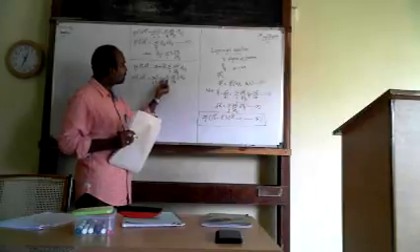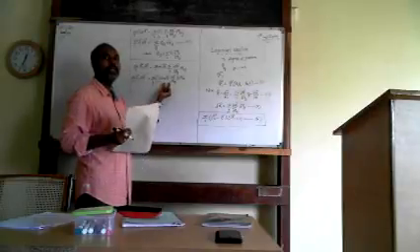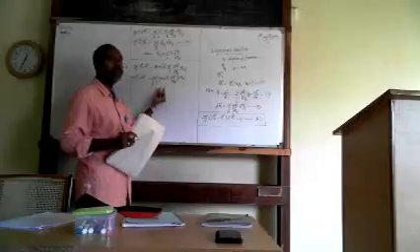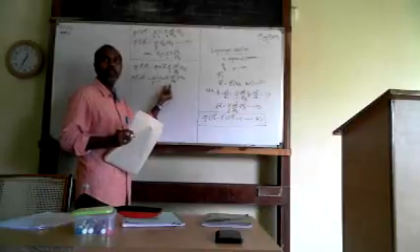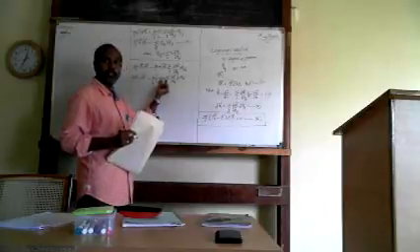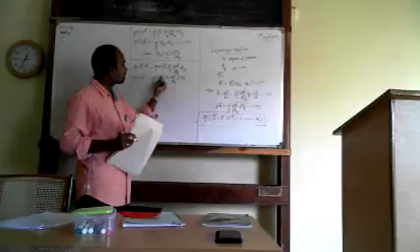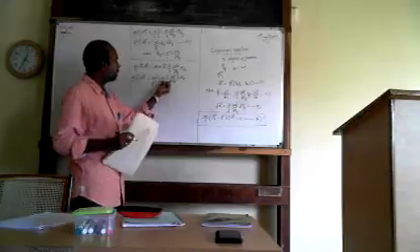Now this term can be written as two terms using the expansion d by dt of A into B is dA by dt into B plus A into dB by dt. We say this is one of the terms because this term can be written as d by dt of Mi Ri dot. So this can be expanded like this.